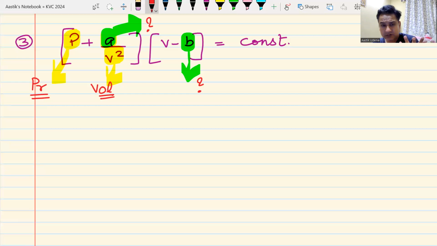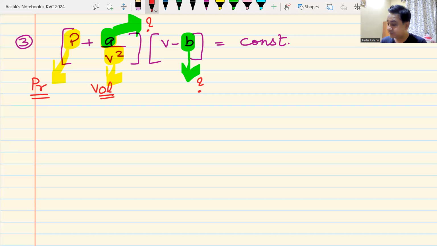V is equal to B plus constant? That is not the correct answer. I asked you the dimensions of A and B, and what you are saying is, I don't know. I want you to tell me the dimensions of A and B.